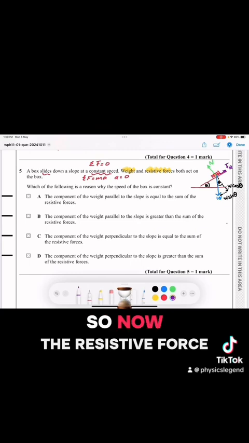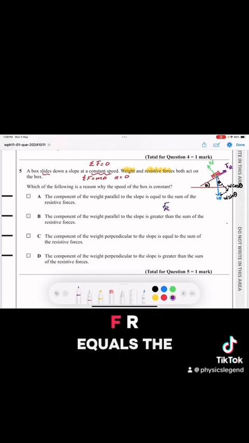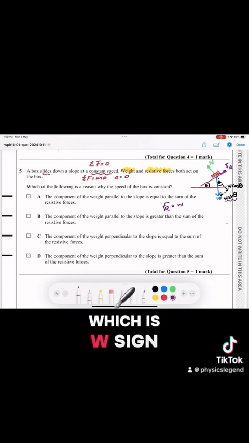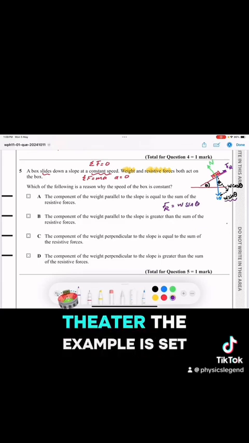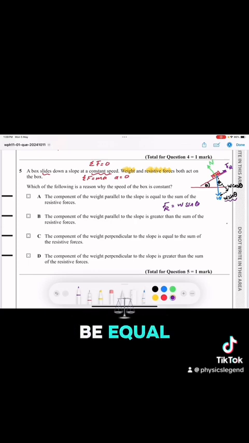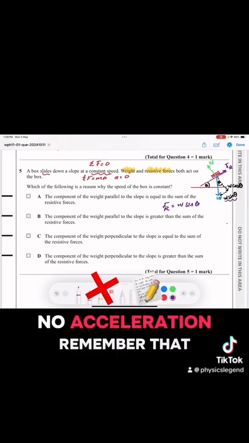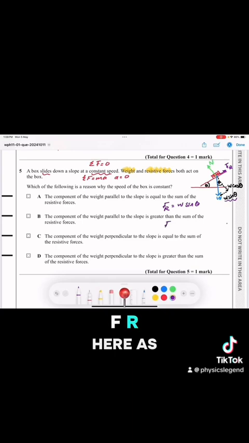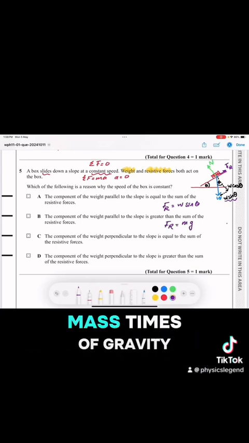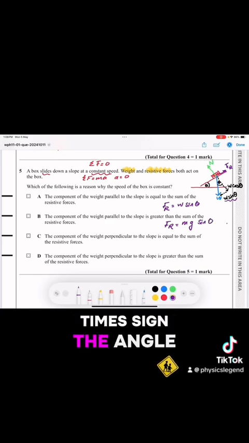I changed the sentence or the question into a diagram to make it easy for me. Now the resistive force Fr equals the horizontal component, which is W sine theta. The examiner said constant speed, so these two forces must be equal, no acceleration. Remember that Fr, as a resistive force, equals mg sine theta: mass times gravity times sine of the angle.